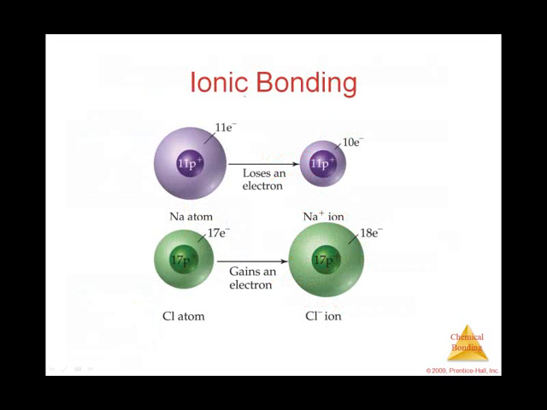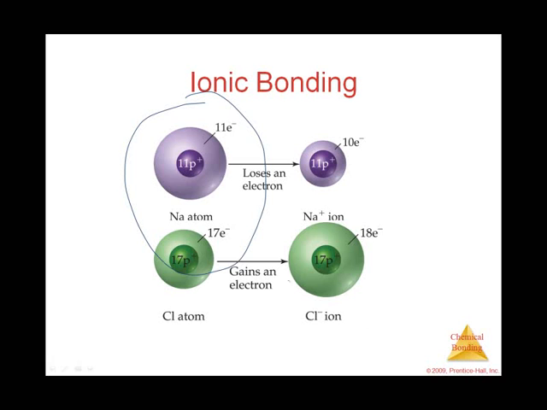So let's say you have a sodium atom, and this sodium has 11 electrons, and it's got just one in its valence shell. It's going to give up that electron so that it loses that outer shell, and it only has 10, 8 in the outer shell. It becomes nice and stable, loses an electron along with some energy.